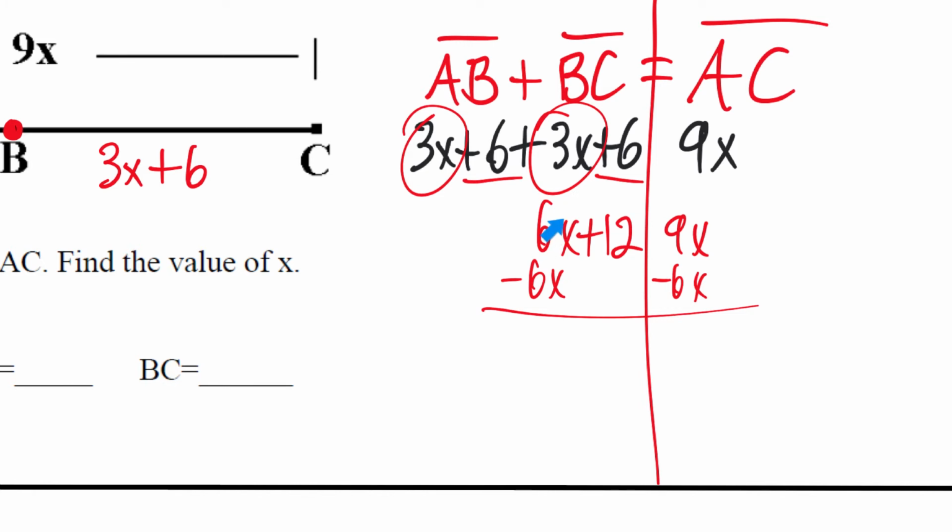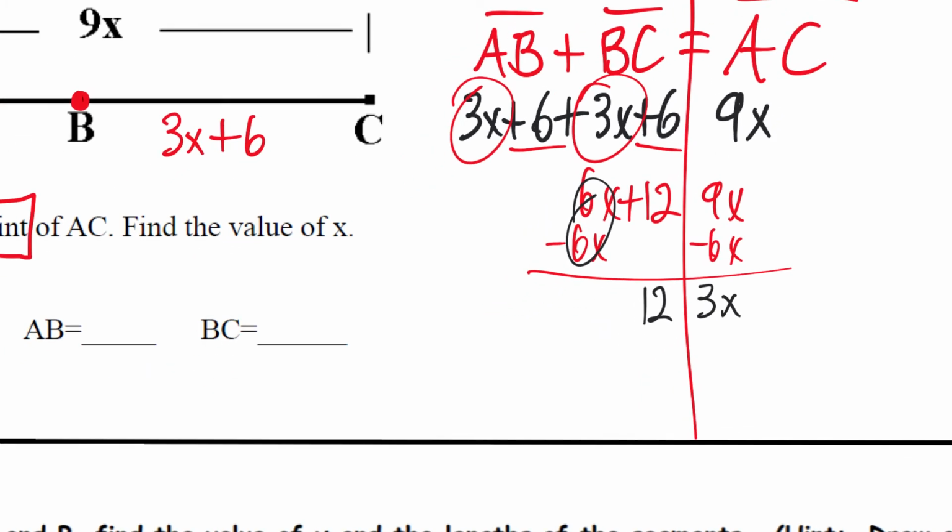Over here, if I have 6x and I take 6x's away, that leaves no x's, that leaves 0 there, just the 12. Over here, if I have 9x's and I take 6x's away, that leaves 3x. Then I'm going to divide both sides by 3 to make that a 1. That 1's out. 1x, or just x. 12 divided by 3 equals 4.